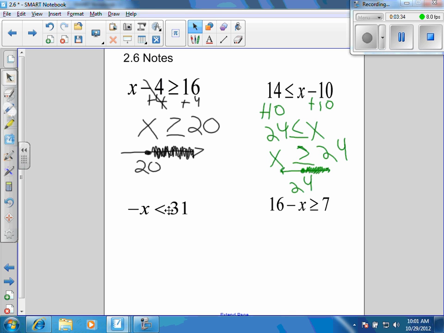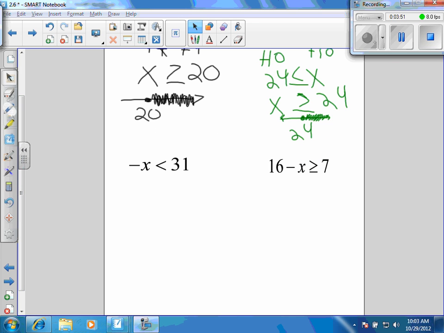And you can't say something about negative x. You have to say something about positive x. So on a piece of scratch paper, come up with a picture that would tell us about x here.